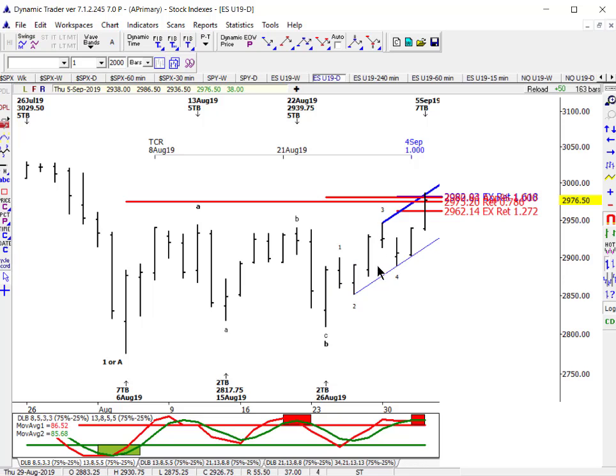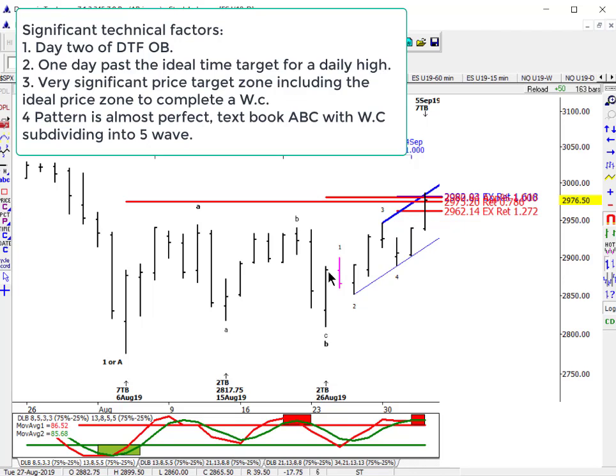This is almost a perfect 1, 2, 3, 4, 5. I'm looking at this as a possibility. This is a legitimate, very possible wave count, a flat A, B, C, B, 1, 2, 3, 4, 5 to complete a C, to complete an A, B, C. What's also significant about the price area that it's in right now is the 100% alternate price projection of the range of what I've labeled an A from the wave below is right in that 127, 162% external retracement zone.